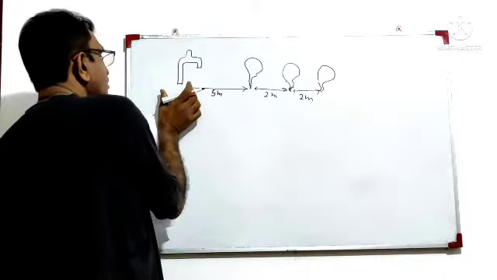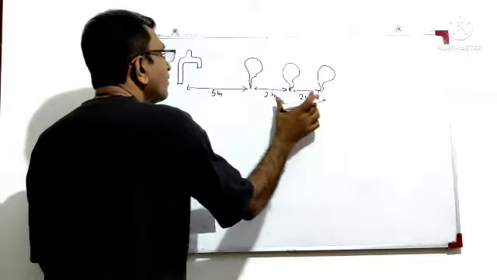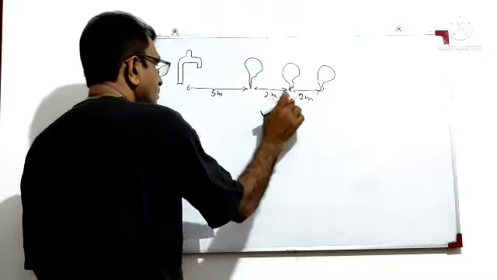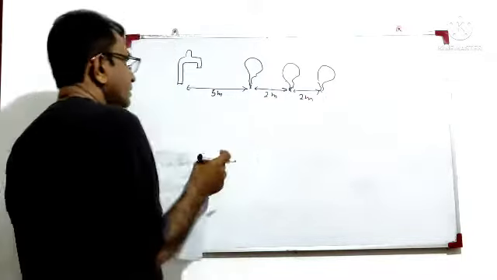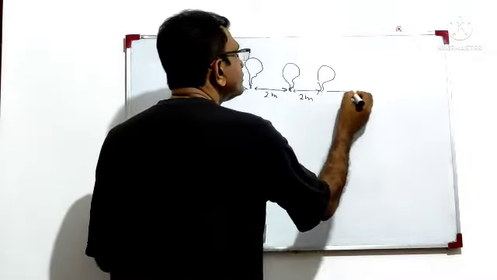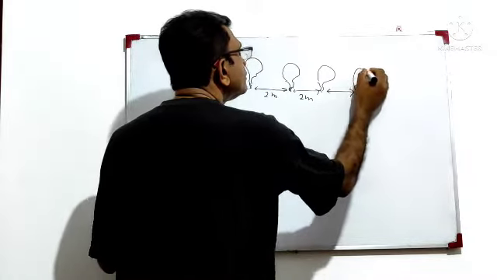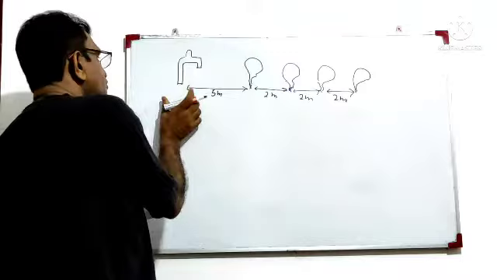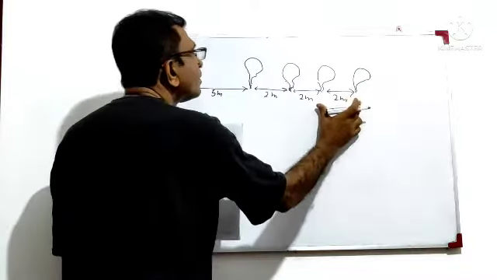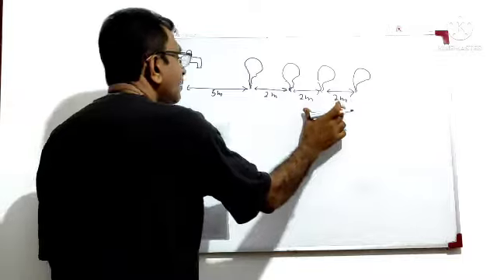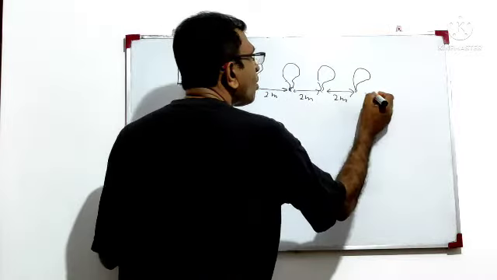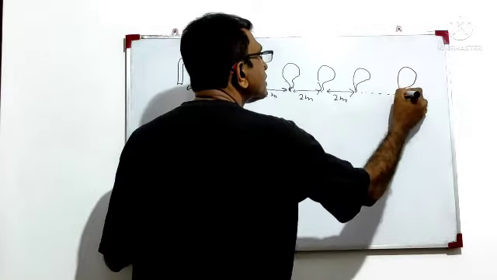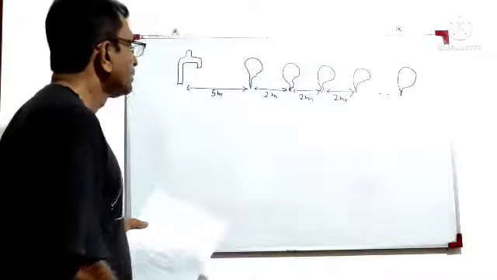The distance from the tap to third flowering bush, 5 plus 2 plus 2, 9 meters. The distance from the tap to fourth flowering bush, 11 meters. Then so on. There are some flowering bushes like that, right?